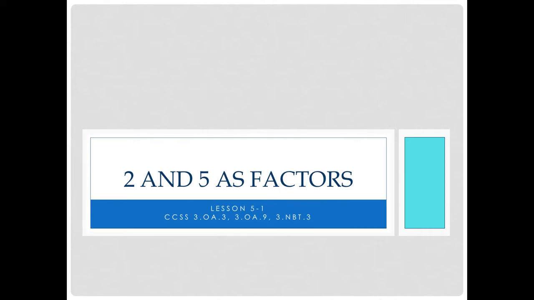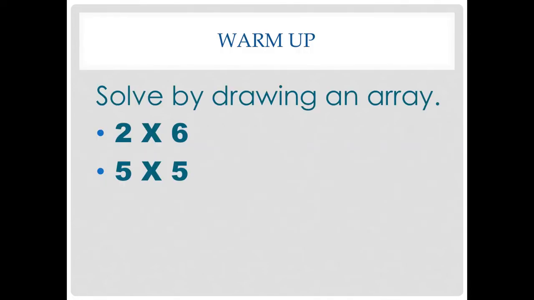So lesson 5.1 was about 2's and 5's as factors. So we learned how to skip count by 2's and 5's way back, and I want to say kindergarten or first grade. So we have 2, 4, 6, 8, 10, 12, 14, 16, 18, 20, and so on.